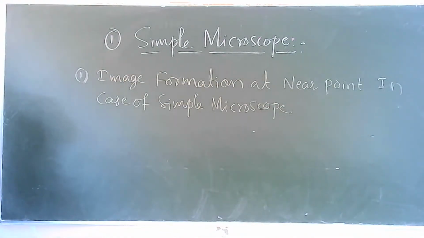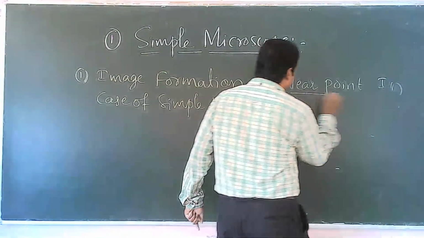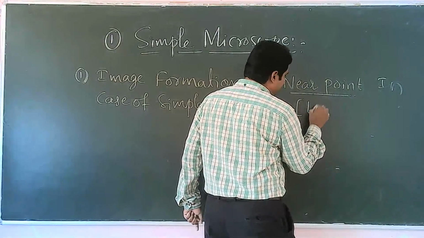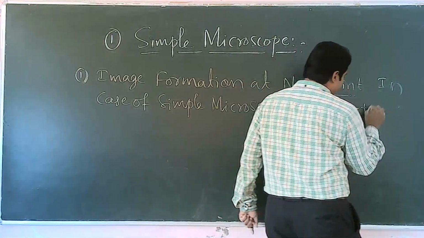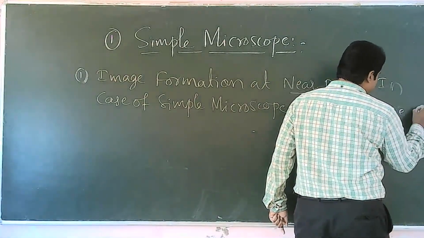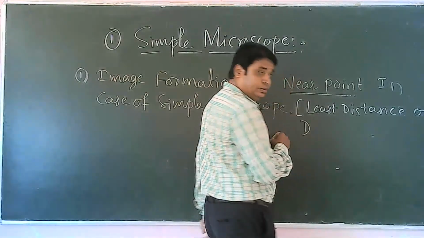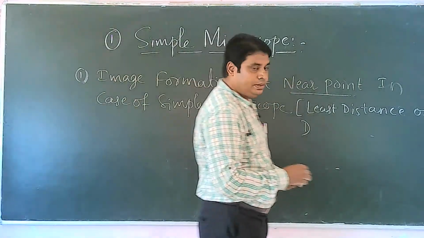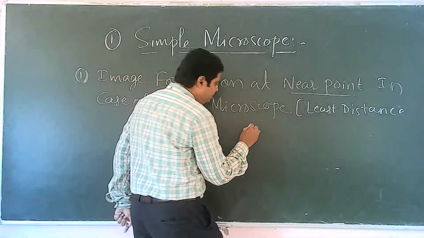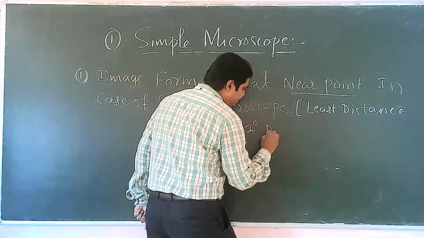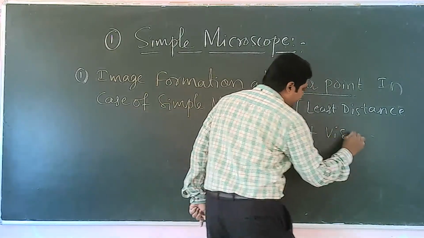Okay, this near point is also called least distance of distinct vision. Let me write here only. Least distance of distinct vision.